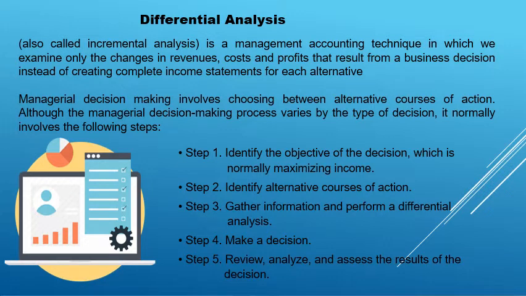Managerial decision making involves choosing between alternative courses of action. Although the managerial decision making process varies by the different types of decisions, it normally involves the following steps. First, identify the objective of the decision, which is normally maximizing income.